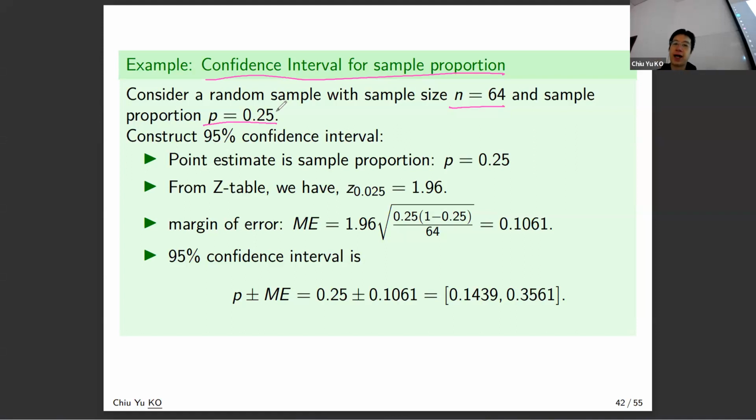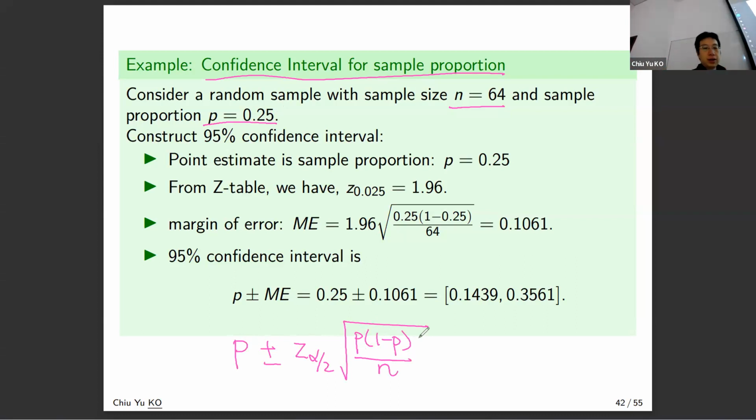But now if I want to give an interval estimate, right, the formula will be like this: P plus or minus Z alpha over 2 times the square root of P times 1 minus P over N. So that is the formula, okay?